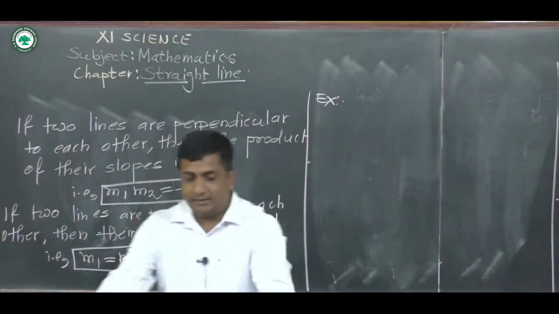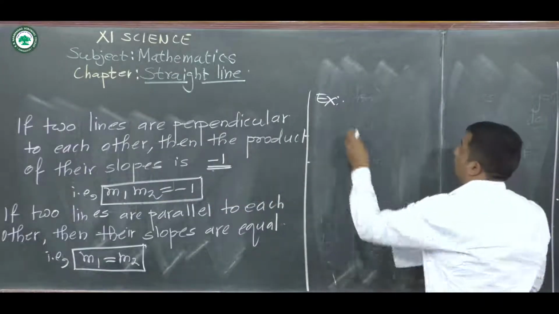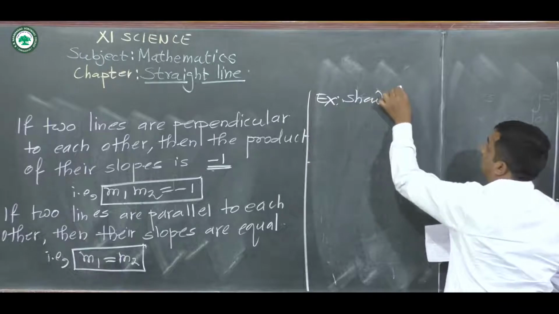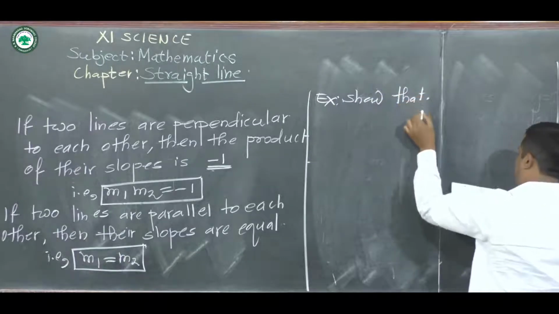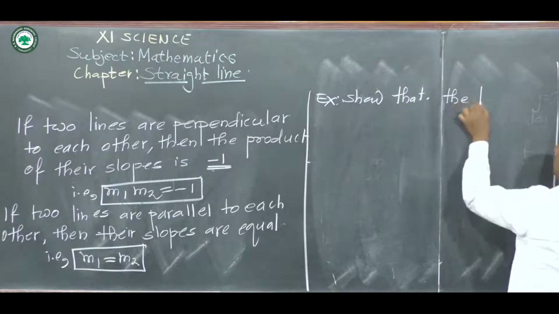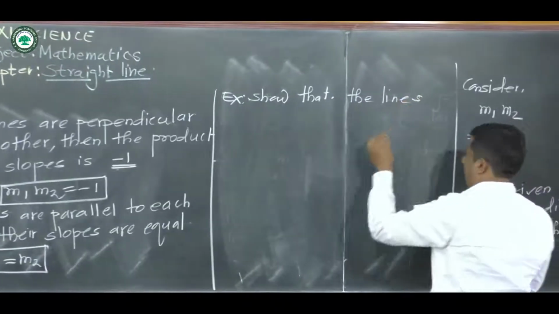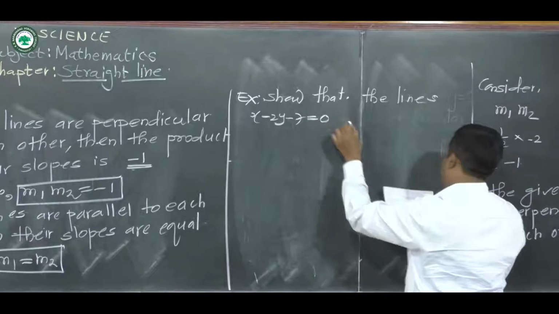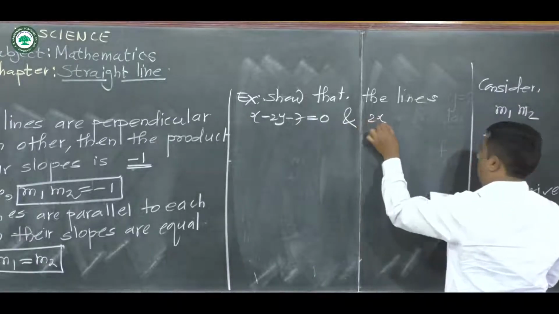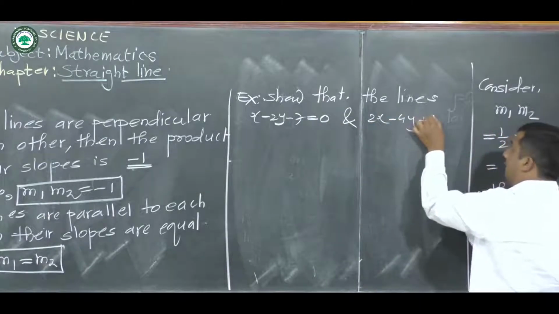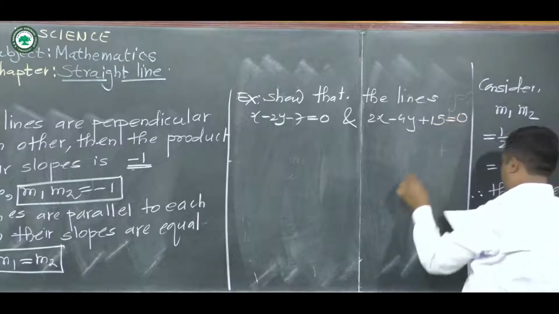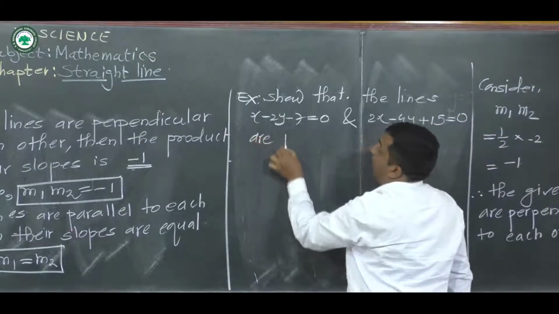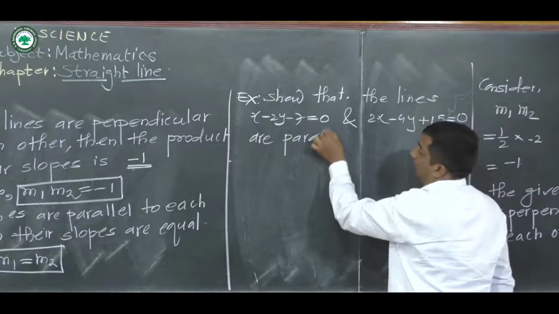Here in second example, given, show that the lines x minus 2y minus 7 equal to 0 and 2x minus 4y plus 15 equal to 0 are parallel to each other.